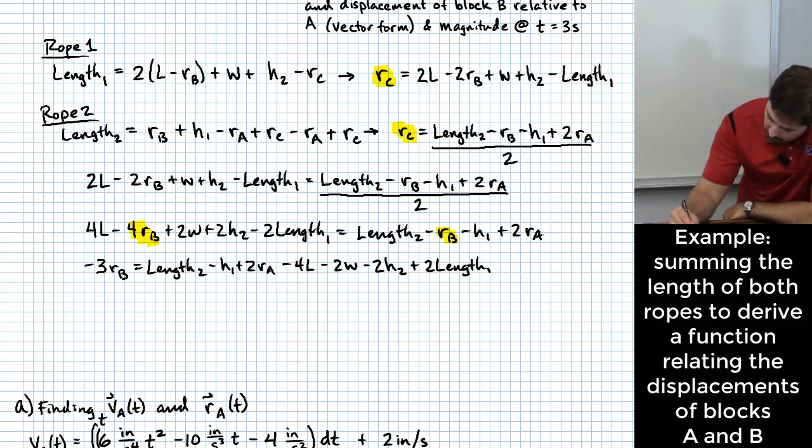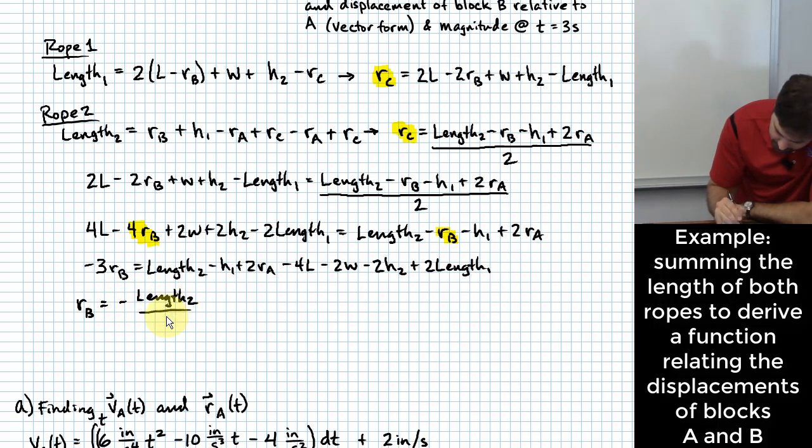All right, so RB ends up being negative length 2 over 3 plus h1 over 3.